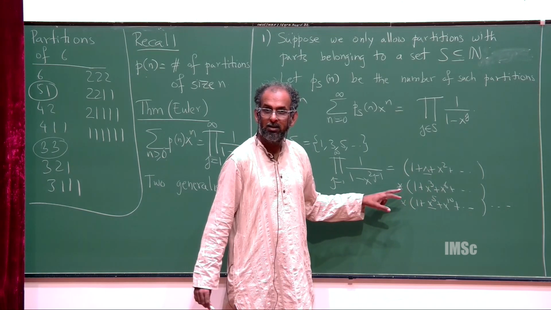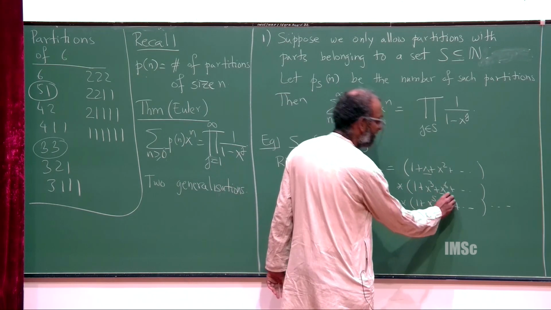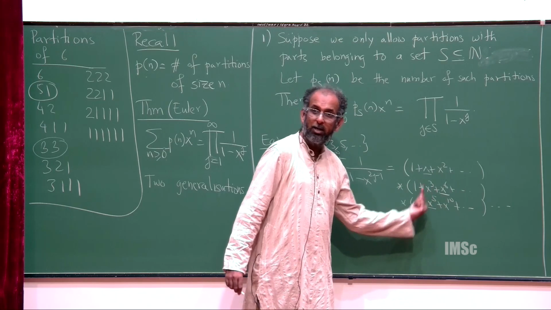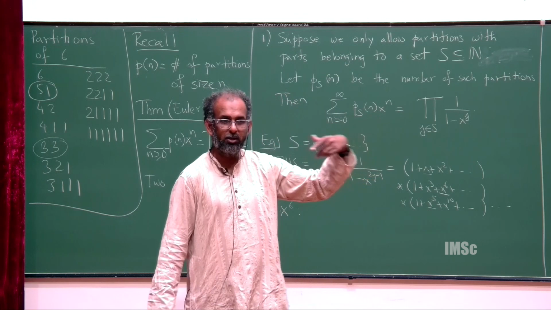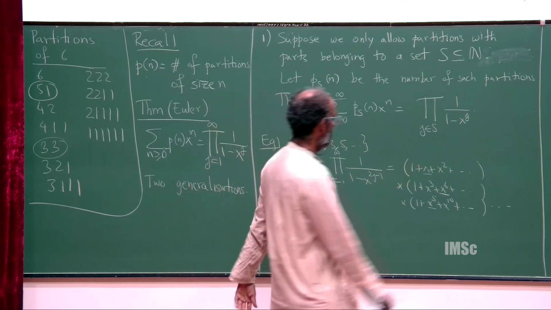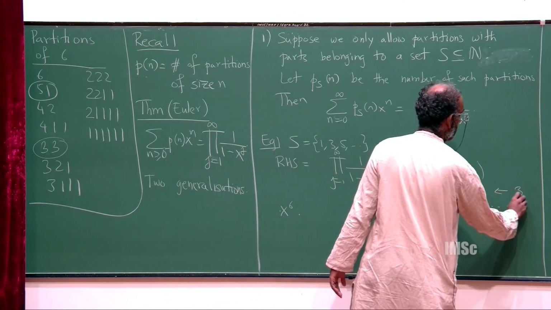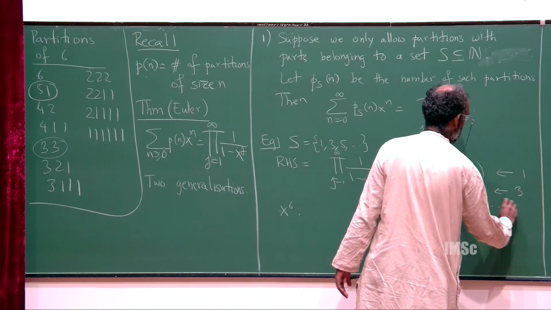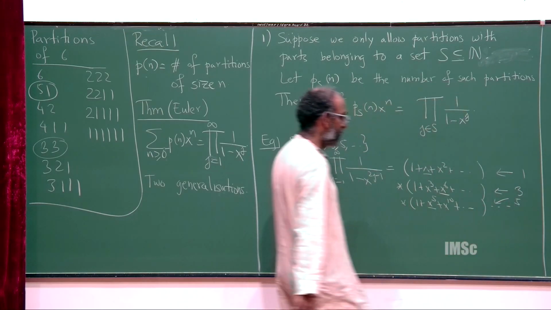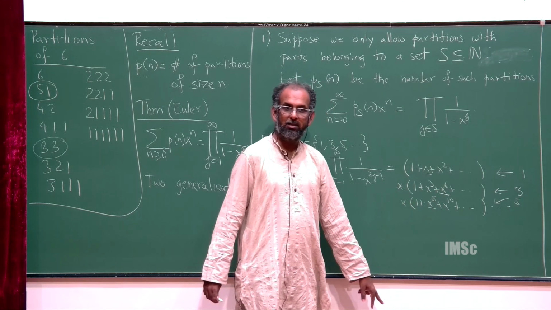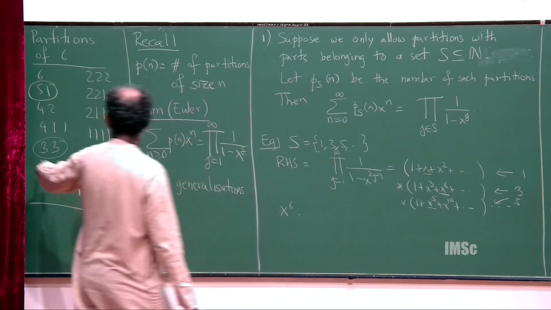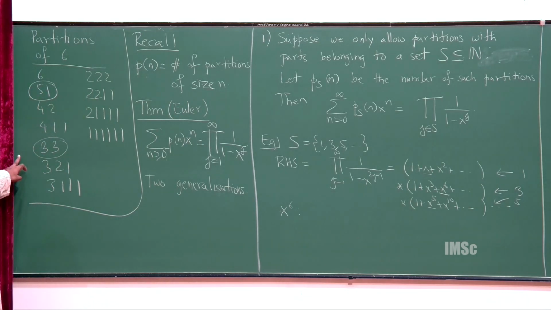Yeah, that's right. So it's this factor because I'm looking at the second factor from x cubed, the term corresponding to x cubed. So this is the part corresponding to 5, so this will be x to the 6 and 1 from everywhere else, right? That is corresponding to 3, 3, right?